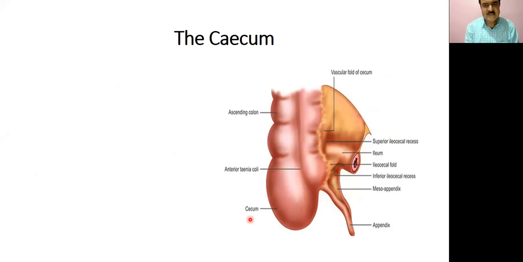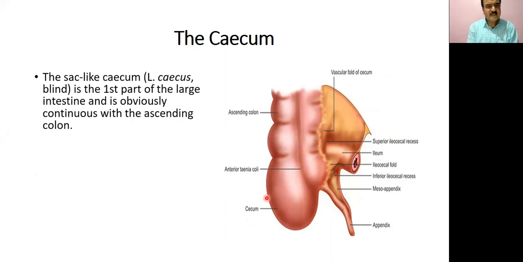Coming to the cecum. So this is the cecum, this dilated part. Sac-like cecum. The word comes from the Latin caecum, meaning blind, because one end is blind. It is obviously continuous with the ascending colon, so it continues upwards.